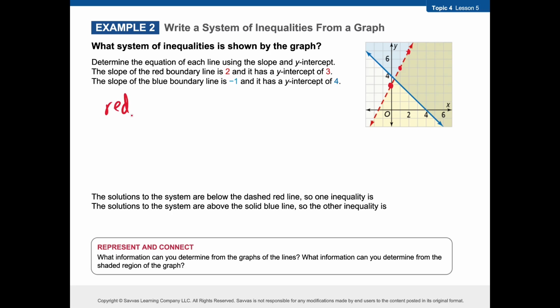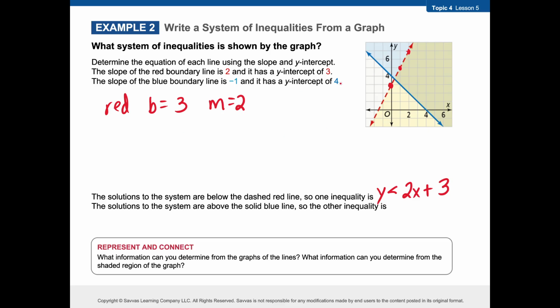The red has a y-intercept of 3 and a slope of 2. It is a dashed line and it's shaded below, so it should be less than. So y is less than 2x plus 3.